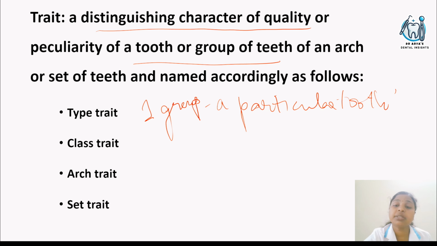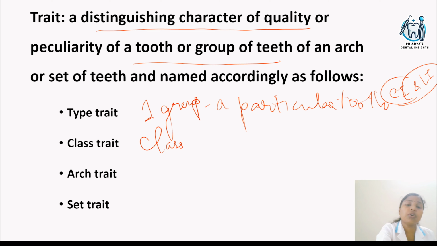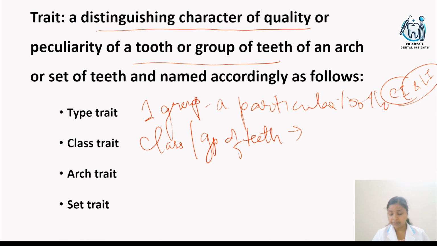So the feature between central incisor and lateral incisor is the type trait. Then what is the class trait? It's a distinguishing character or quality of a class or group of teeth. So here the examples are incisors, canines, premolars and molars.